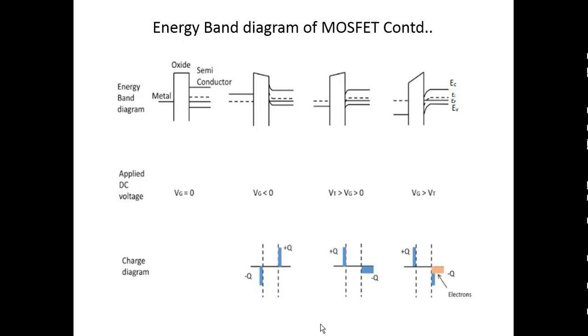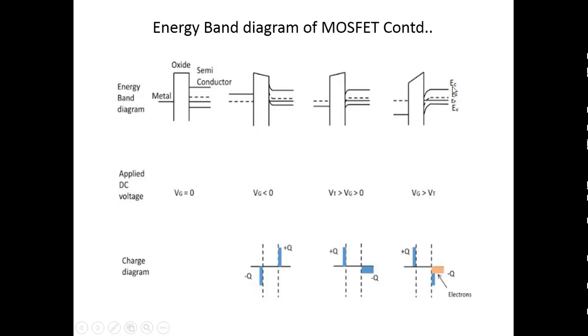So here, when the voltage Vg is greater than the threshold voltage, that causes the band structure to bend down like this. So this is the actual operation condition of the device. Here this is the metal, this is the silicon oxide, that is the oxide layer, and this is the semiconductor layer, isn't it?